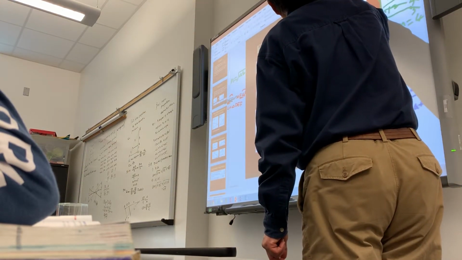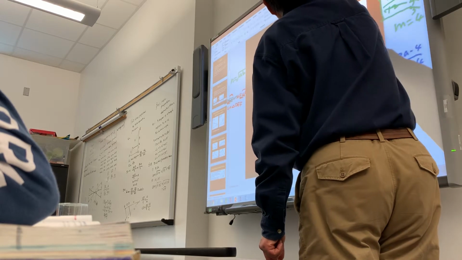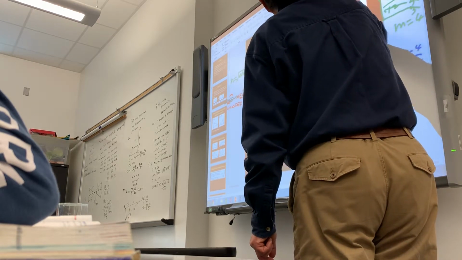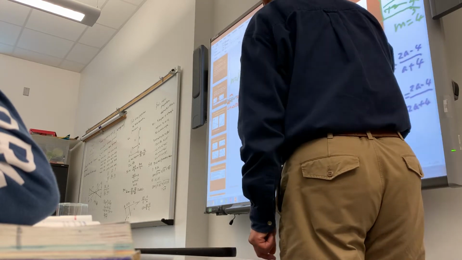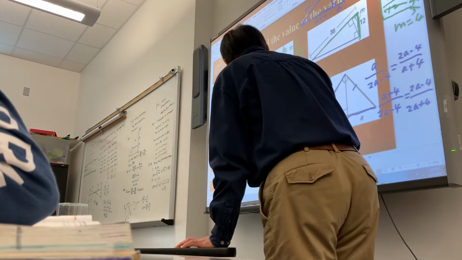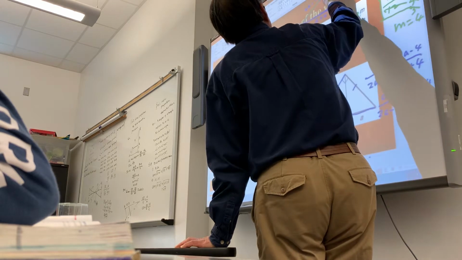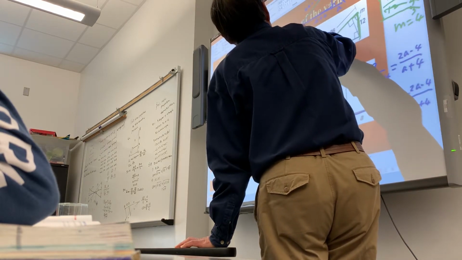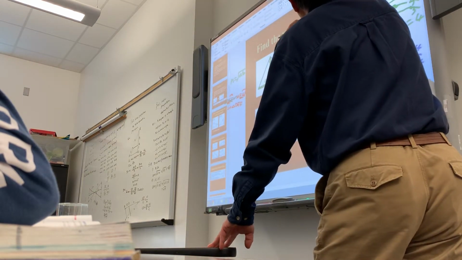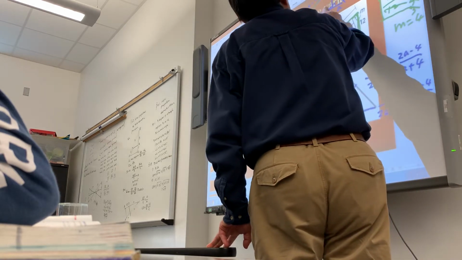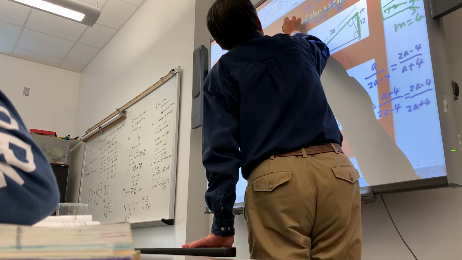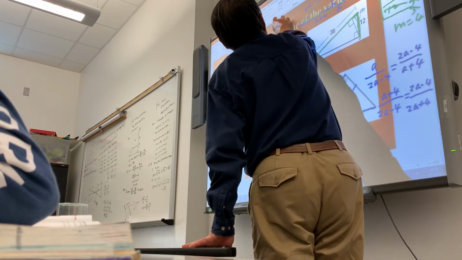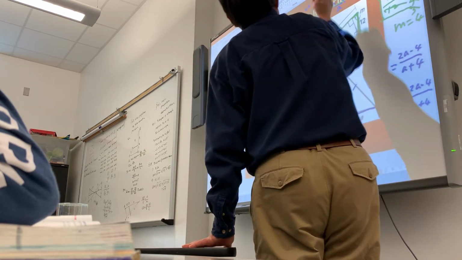2a minus 4 is the hypotenuse over the longer leg. This is the longer leg. This is the hypotenuse. Yes, okay? Now you can see 2a minus 4 is the longer leg. A plus 4 plus a is 2a plus 4, the hypotenuse. 2a minus 4 is the longer leg.